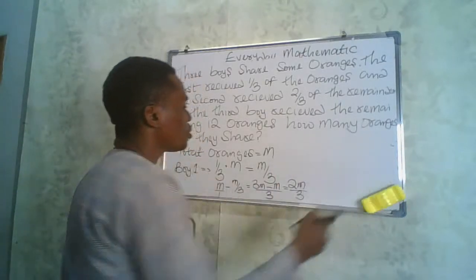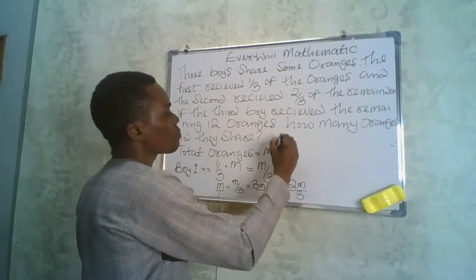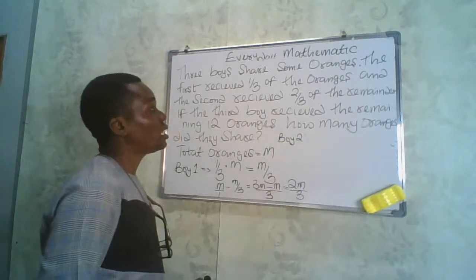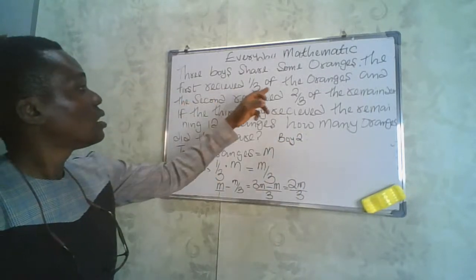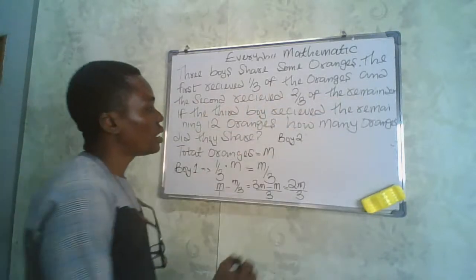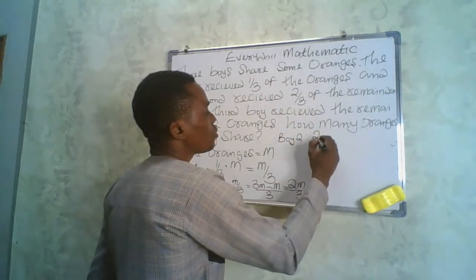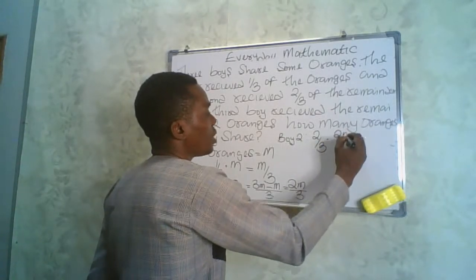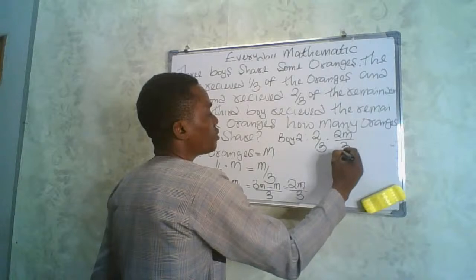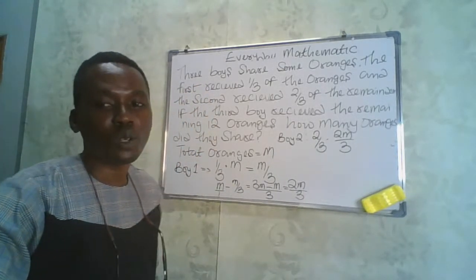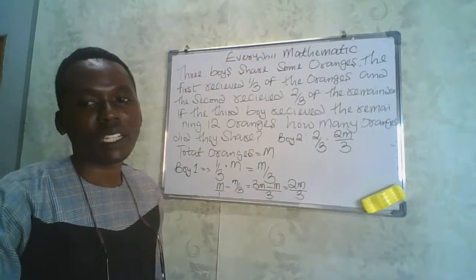Now we go again to boy 2. The question says the second received 2/3 of the remainder. So the second received 2/3 multiplied by 2m divided by 3. Is that not so? That is 2/3 of the remainder.